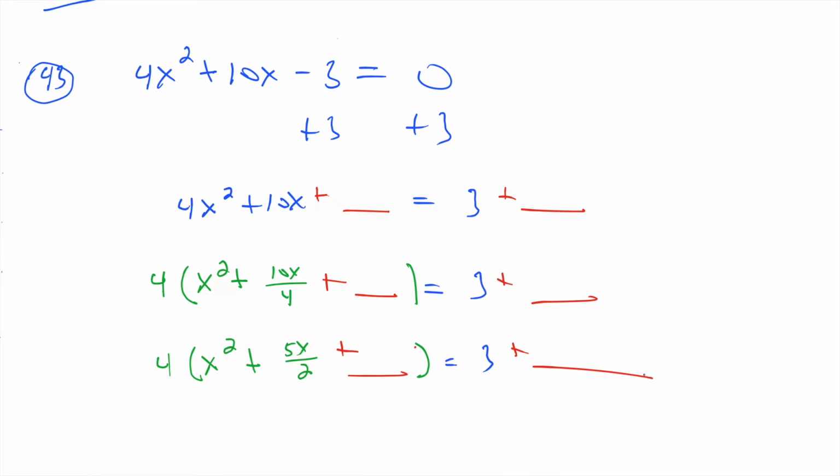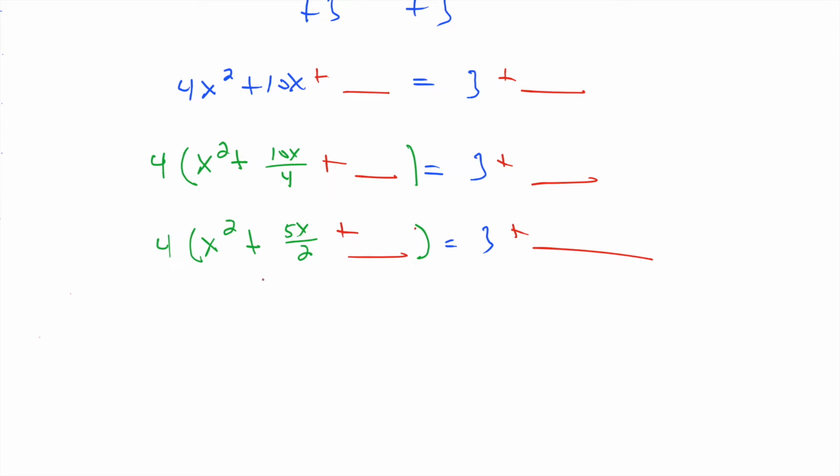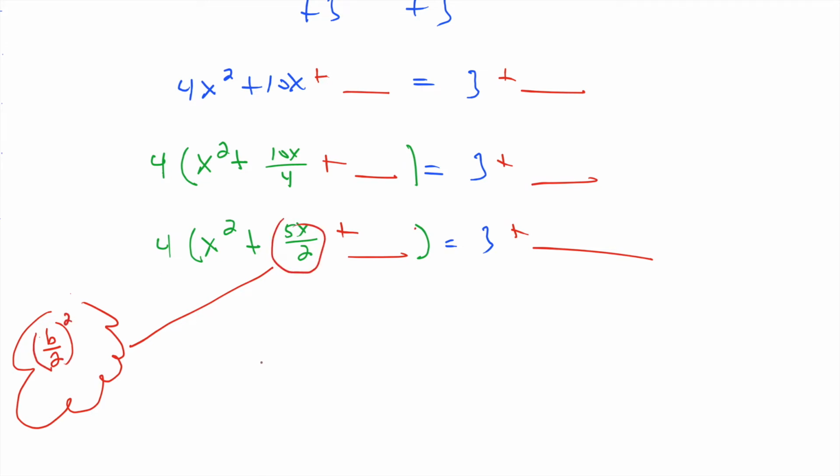Okay, what's the next move? It has to do with this number right here. You want to do your b over 2 squared. That's your b value right there, right? In fact, I could have made it look more like a b if I had put the x next to it, like that. So you get your b, which is 5 over 2, over 2, and you're going to square it.